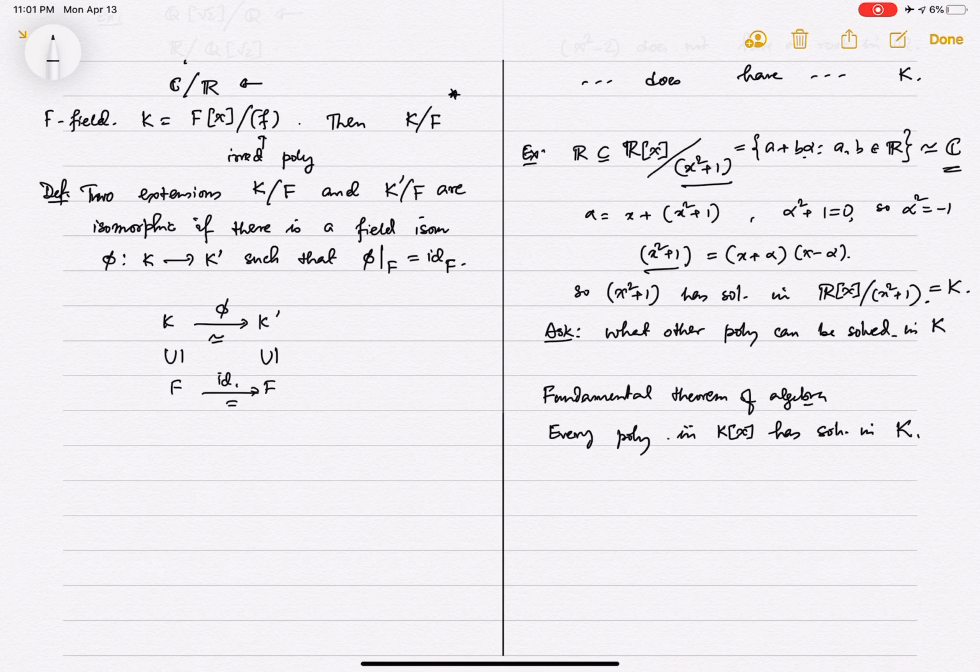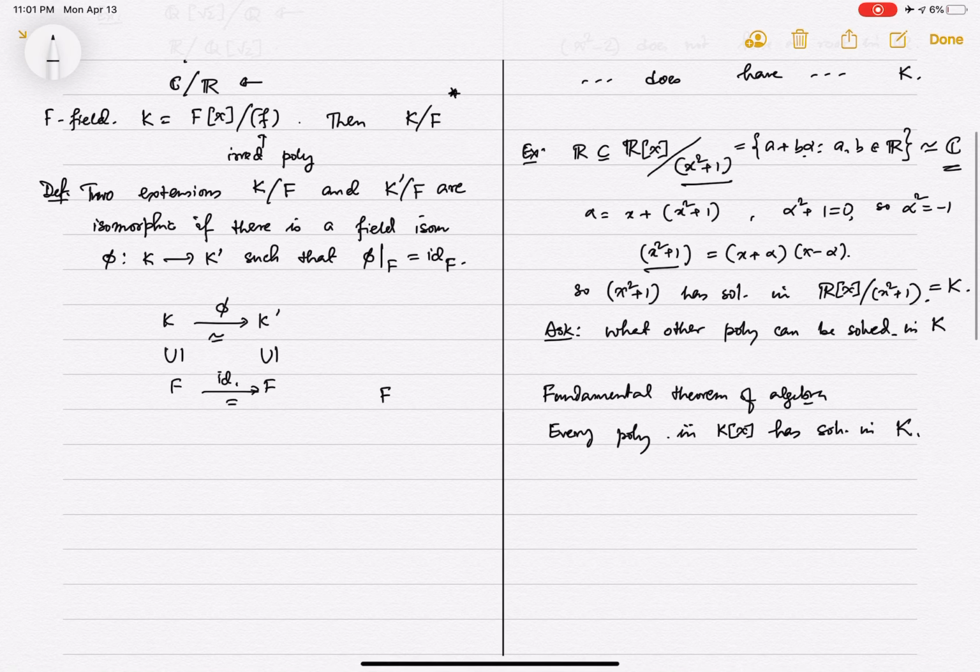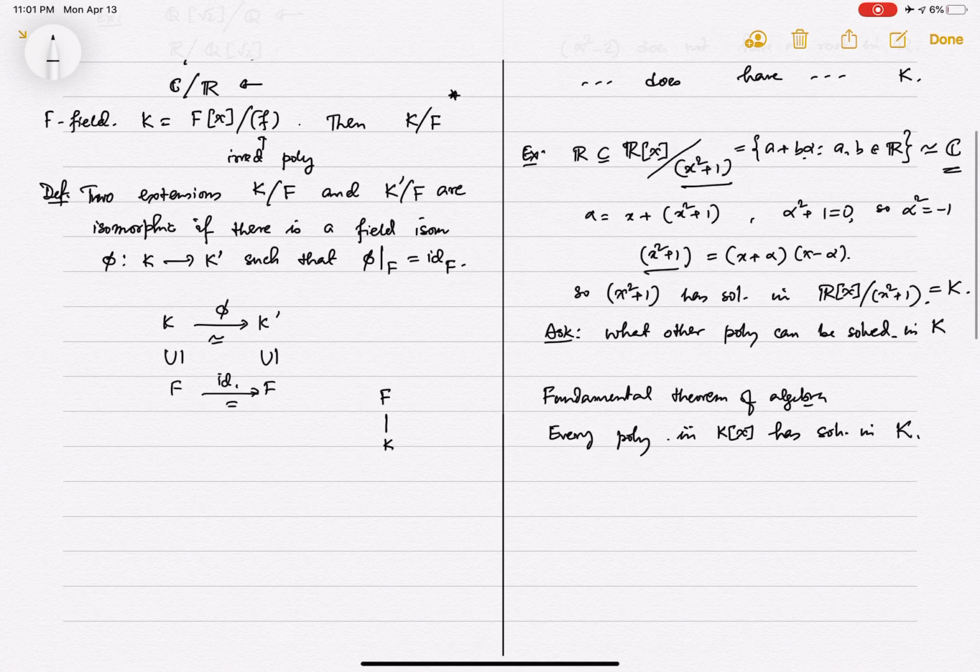So we have field extension, which just means one field contained in another field. Sometimes we draw it like this. It simply means this, that K contains F. And when you have three things, F contained in K, contained in M, three fields like that, we call it a tower of extensions.